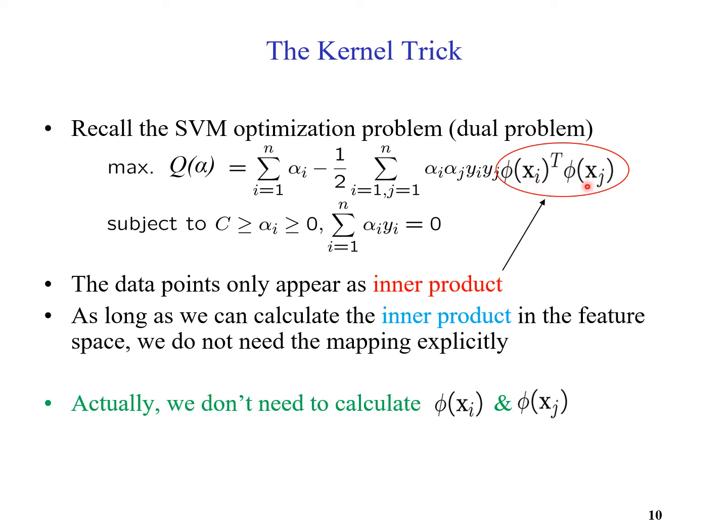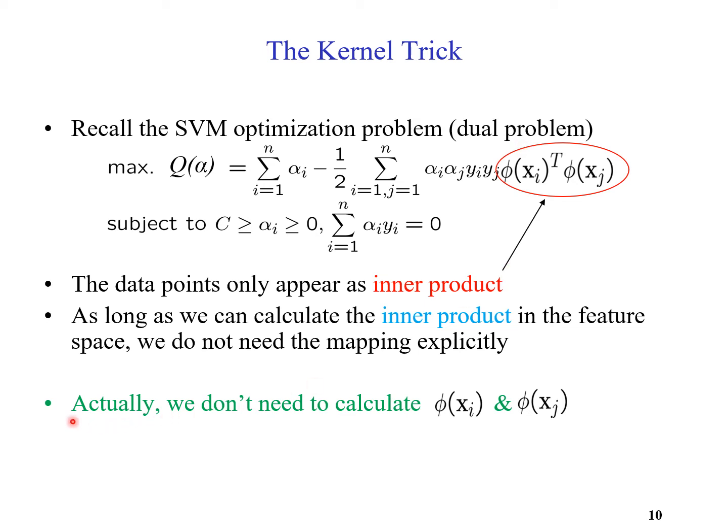What we need is the product, the multiplication, the inner product between these two data. So even though we do not know each value of the mapping here, as long as we know the multiplication value here, then we are okay, right? That's the key of the kernel method.